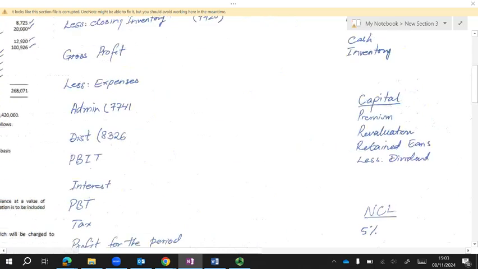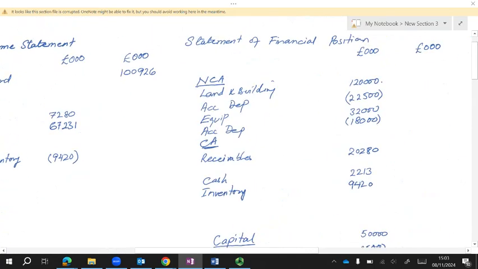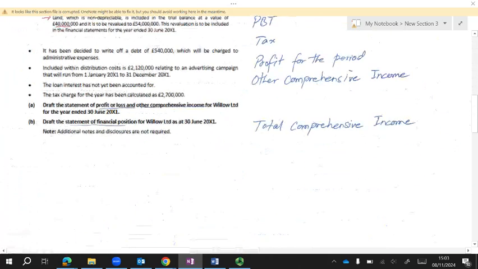The total value of land and building is 120. Out of that, land cost 40 million. The cost of building is 120,000 minus 40,000, and the value will be 80,000.